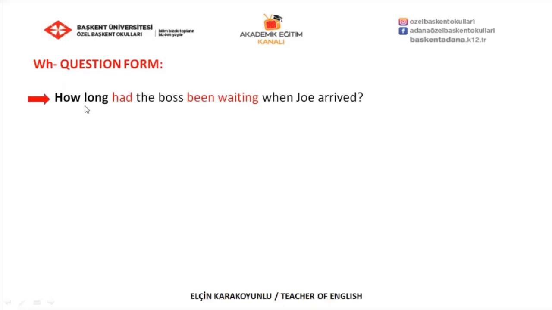So we first use this question word at the beginning of the sentence, and after this question word, we use had this time. How long had the boss, the subject, and then been and the ing form of the verb? How long had the boss been waiting when Joe arrived?